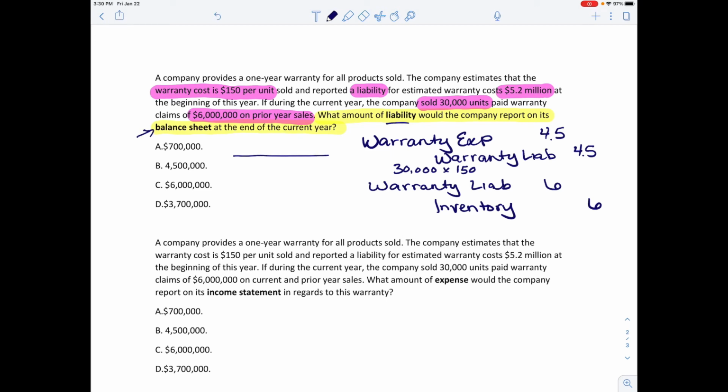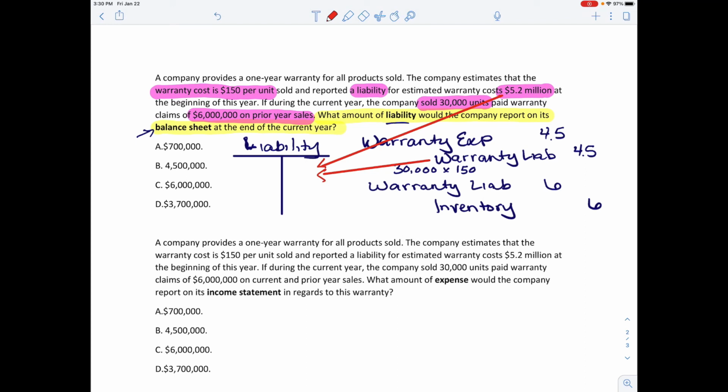So let's look at that T account. This is for my liability, warranty liability. I'm just going to write liability for the sake of saving space. I need to bring in a few things. I need to bring in that original balance they gave me. I need to bring in also as a credit, because that's my normal balance, that liability I set up for this year's sales.